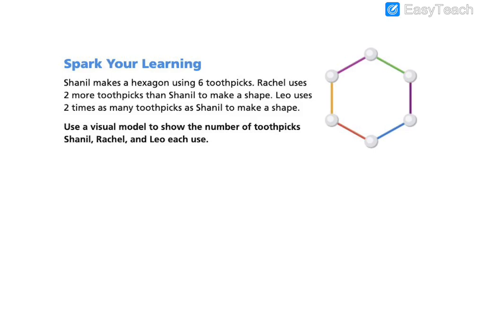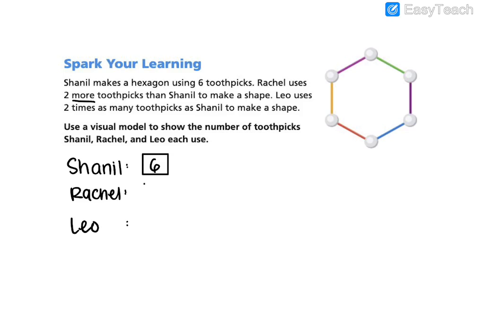Okay, so first I'm going to start with labeling. I've got Chanel, Rachel, and Leo. All right, the one that it tells us is how many Chanel uses. And Chanel's making a hexagon, so they use 6 toothpicks. It tells us that Rachel is going to use 2 more toothpicks than Chanel.